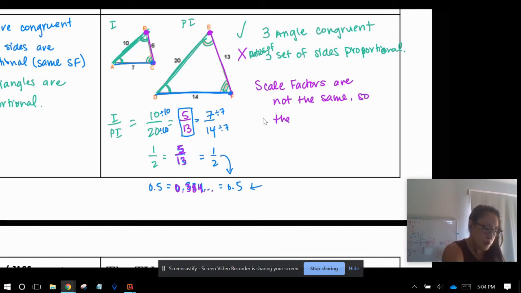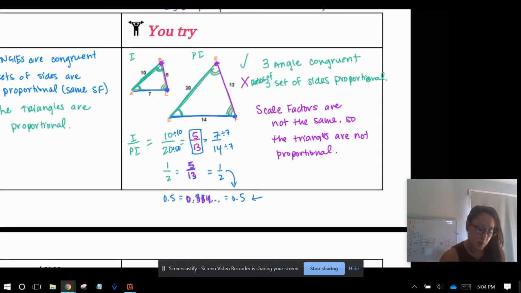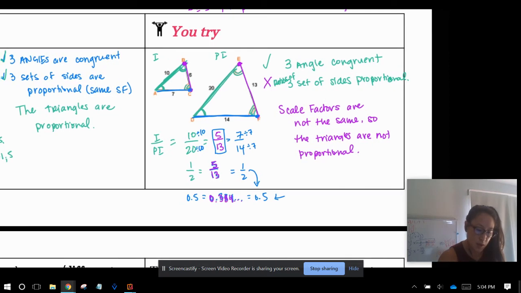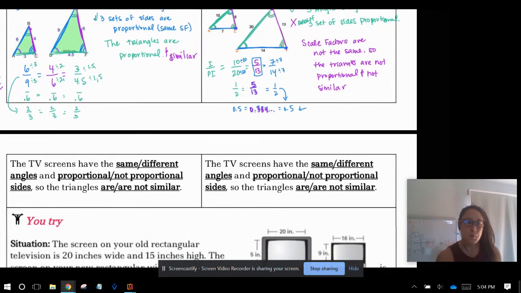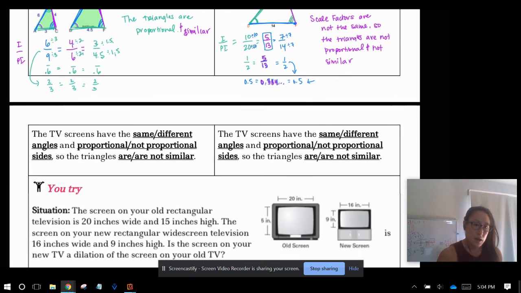So the triangles are not proportional, which means that they are not similar. When the triangles are proportional, then they are also similar. The side lengths of the triangles are proportional.